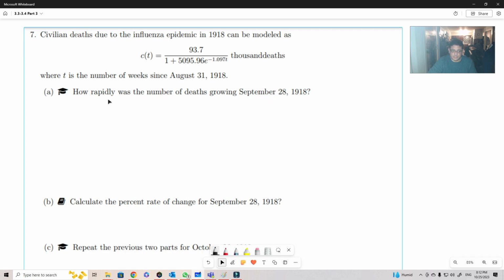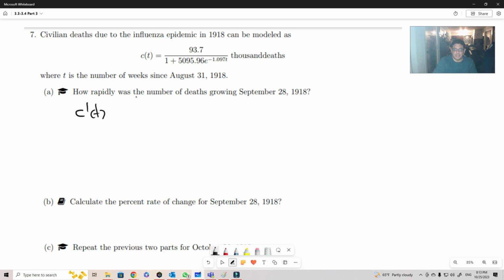First we need to find the derivative, since this is a rate of change. How rapidly is talking about change, how quickly it's increasing or decreasing. So we need to find C prime of t.